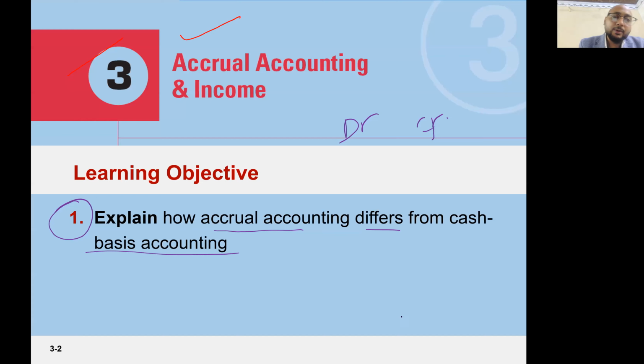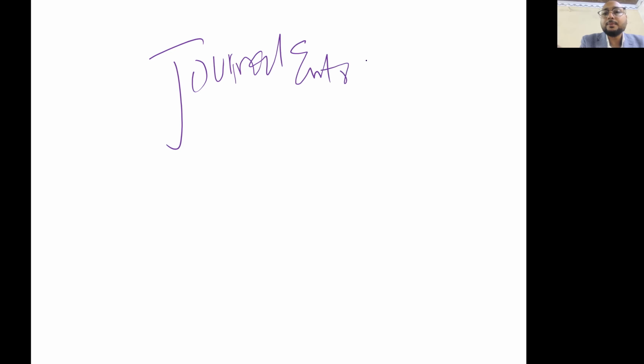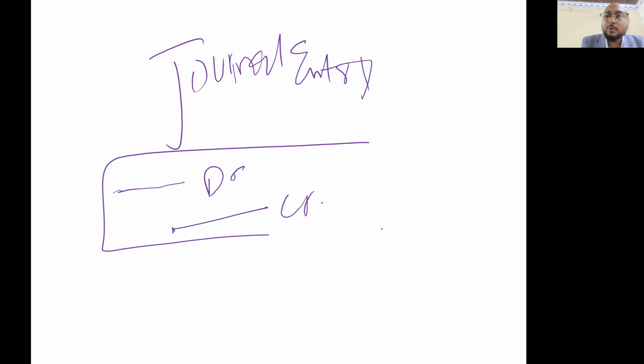And what are the rules for a journal entry? Always first write the debit and then take a space and then write the credit. And how do we pronounce the entry from debit to credit?